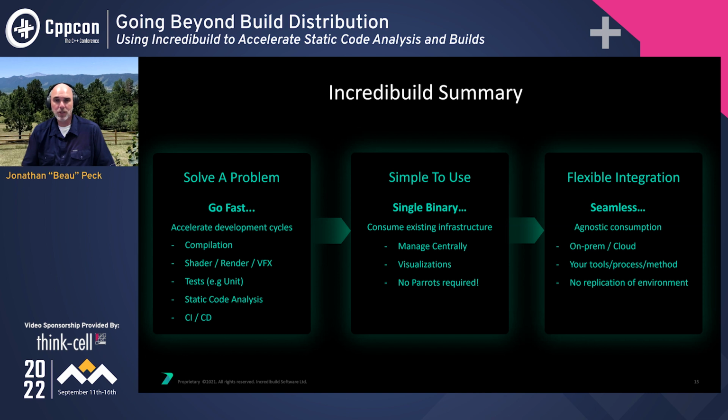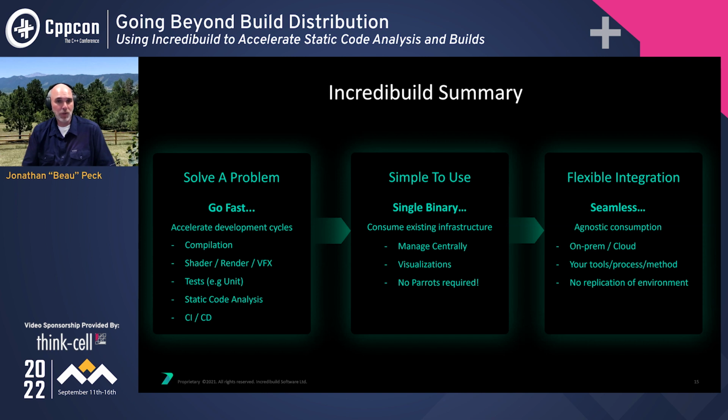So your C++ compilations, your shading, your visual effects, your CI/CD, static code, those things that we showed today, you're going to go faster. You can achieve 3 to 5 to 10 times faster builds depending on how you may configure. It's simple to use with a single install binary. It's native integration with Visual Studio. We give you command lines. So if you're using other tool sets that are not Visual Studio, say like Unreal Engine, we're going to give you that capability to do that.